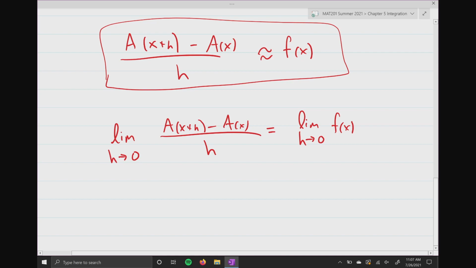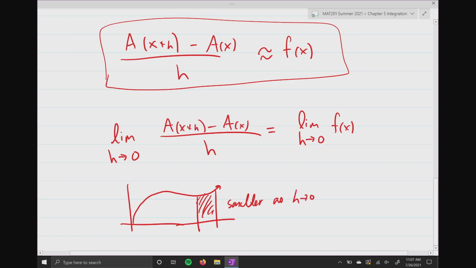So if I let the limit as h goes to 0, that rectangle we're drawing right here is getting smaller as h goes to 0. That width is getting smaller and smaller.